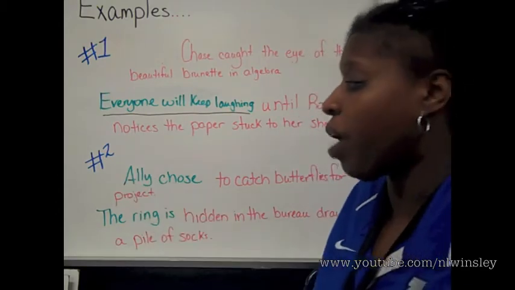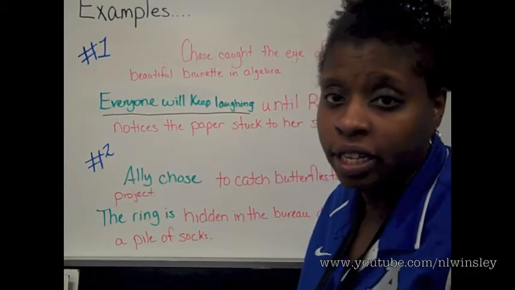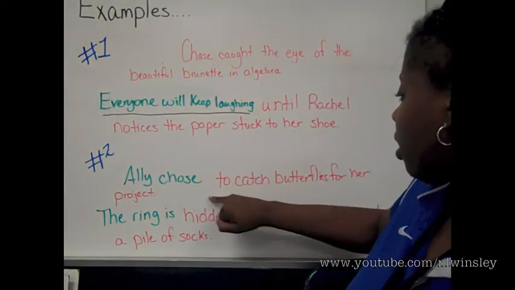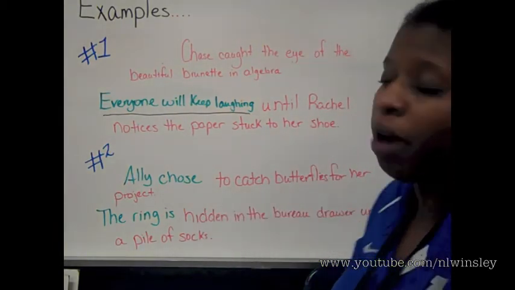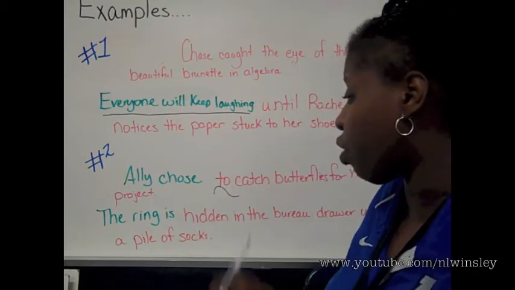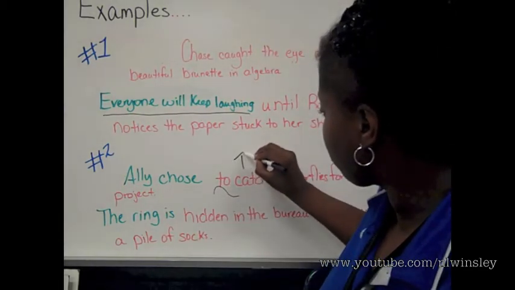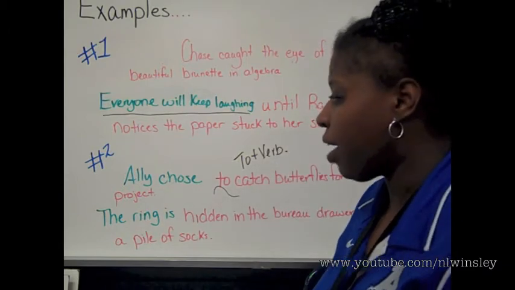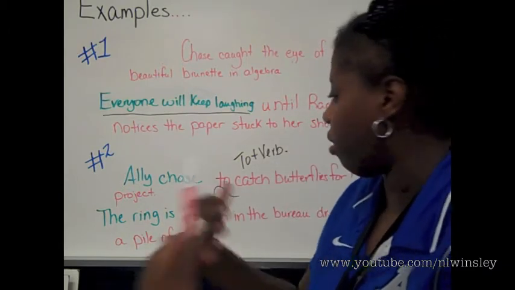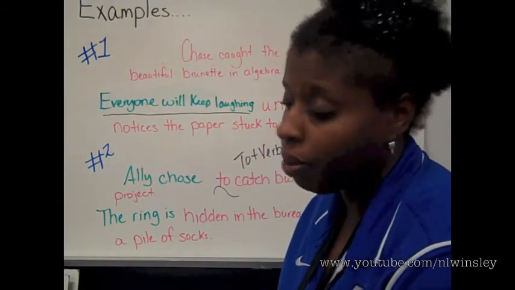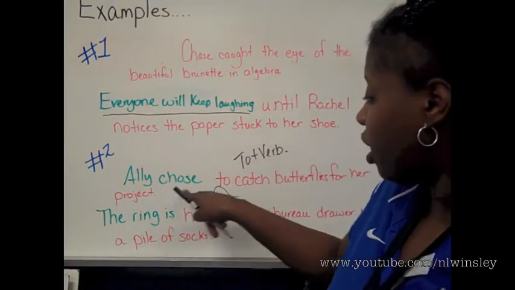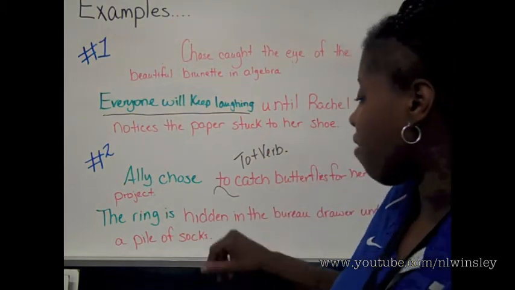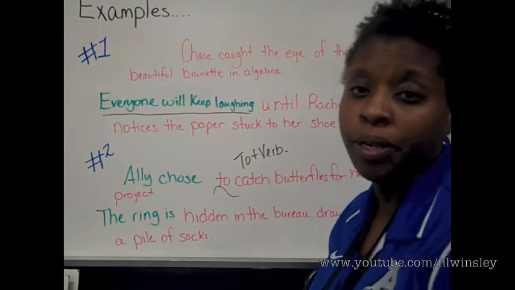All right, let's look at way number 2, where you add to the sentence what's missing. So here was my fragment. To catch butterflies for her project. That's the to plus verb theory. All right, so I need to add a real verb and a subject. Allie chose to catch butterflies for her project. Now my fragment is a complete sentence.